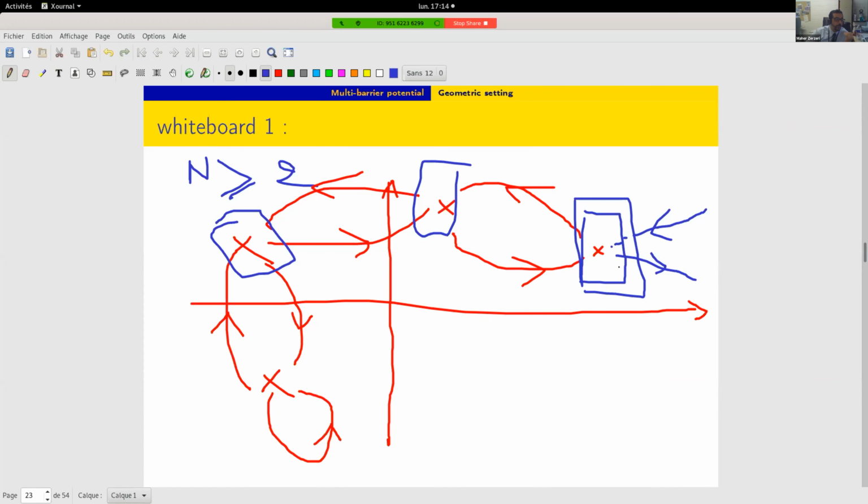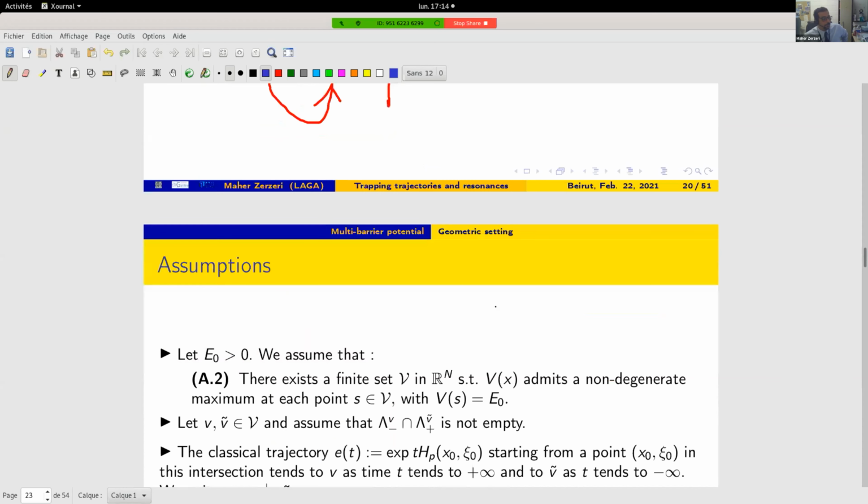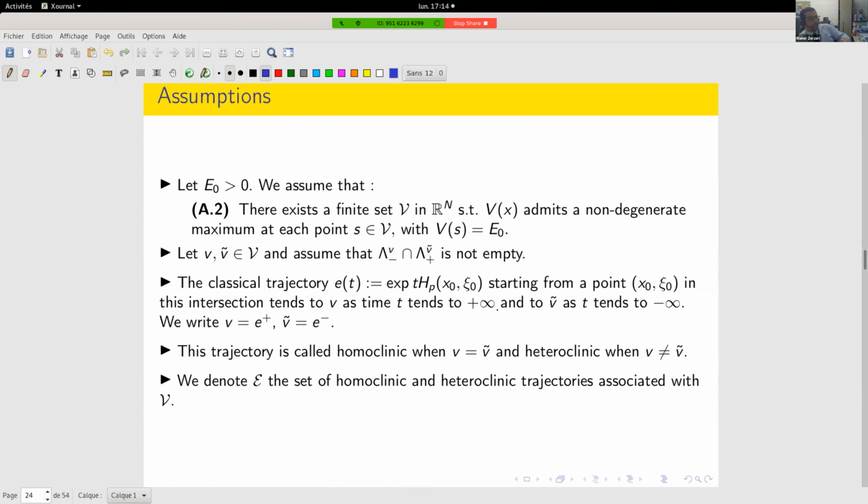To understand what is the distribution of the resonances in such a situation. Of course, there are a lot of situations; if you have not only one trajectory, you have a sub-manifold from one point to the other. But this also works in the same way for the closed resonances near the real axis. Okay, this is a very important thing. So let me very quickly give the situation and the hypothesis.